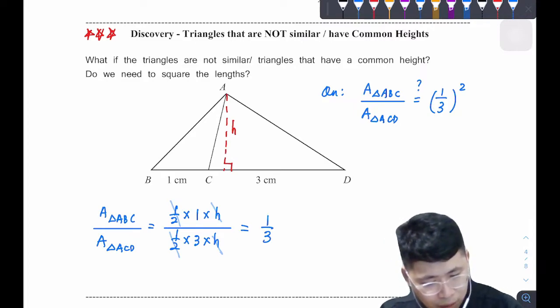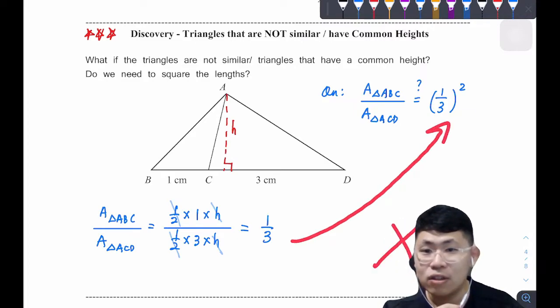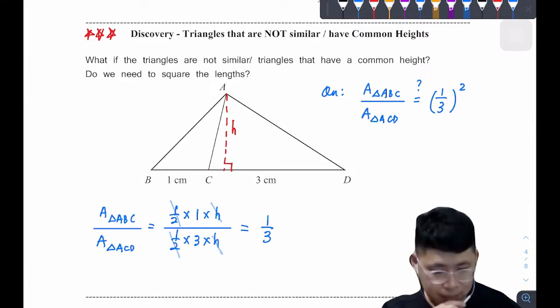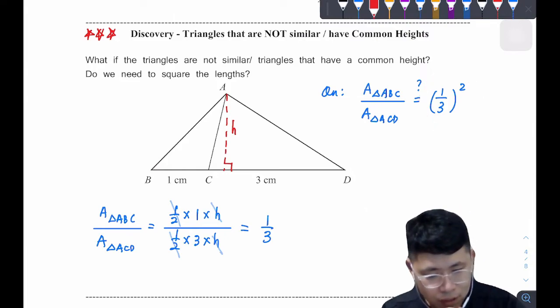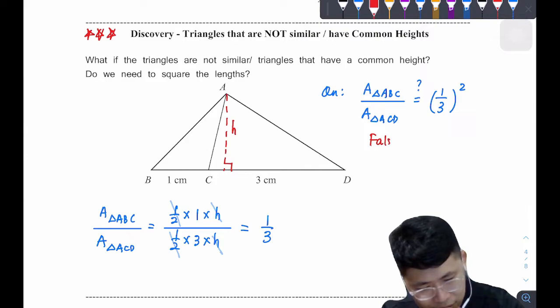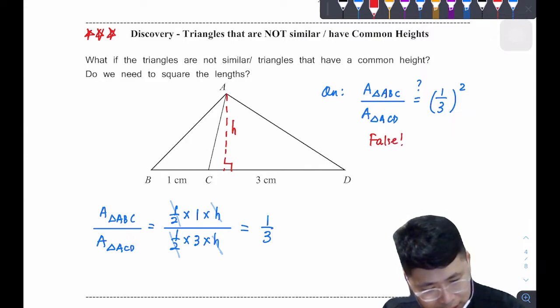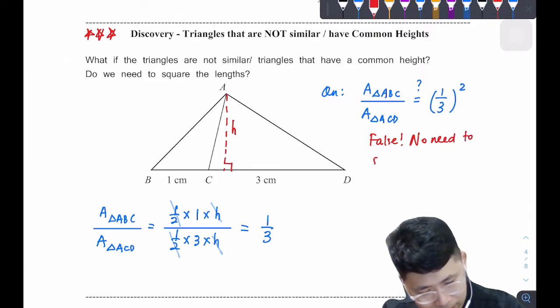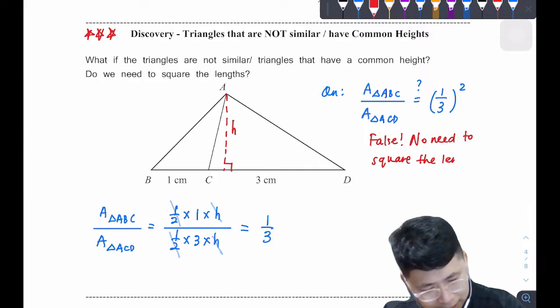And if you want to compare, it is not the same. It's not 1 over 3 squared. So for this one, the answer is false. The actual answer is no need to square the length when the triangles have a common height.